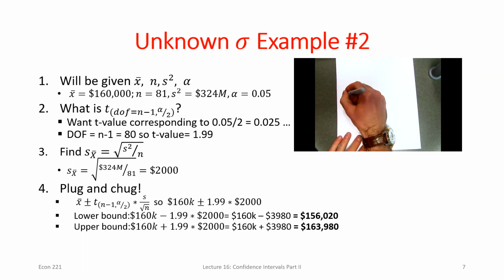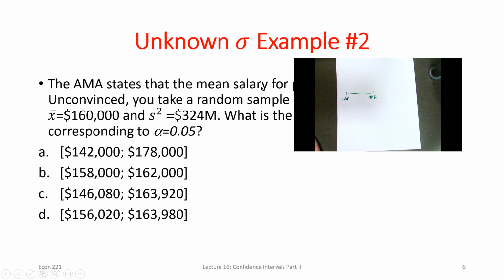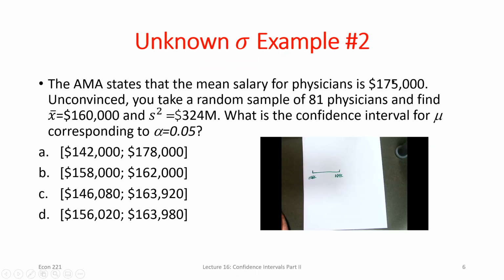So if I'm just plotting this on a number line, got 156K to 164K, just representing thousands there. So remember, the setup of this problem was that the American Medical Association said that the average salary for physicians was 175,000.